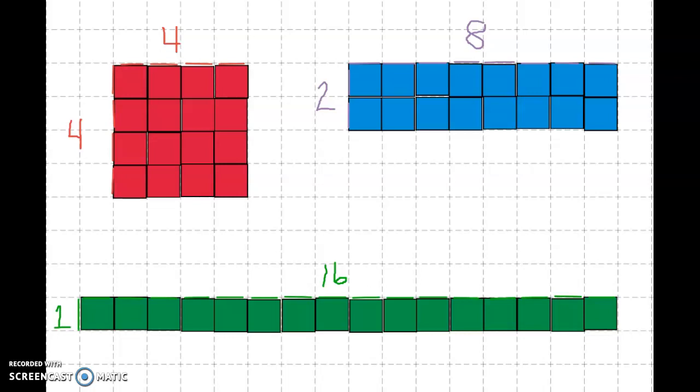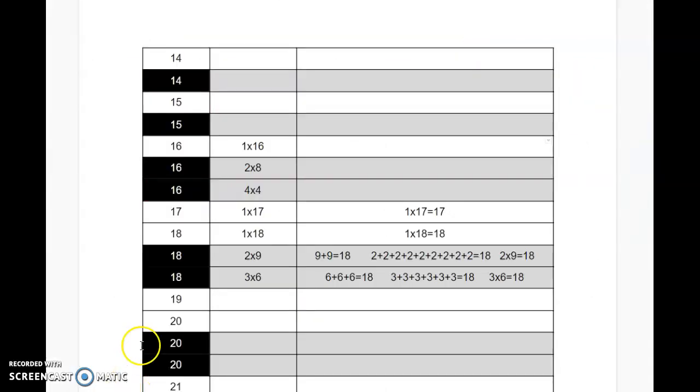Yeah, that's good thinking. Let's go ahead and fill in these rectangles and some equations to match in our Number Corner books. So first, fill in the labels for each rectangle. We have a 1 by 16, the long skinny rectangle, a 2 by 8, and a 4 by 4.